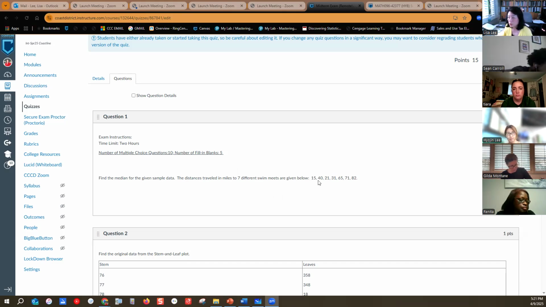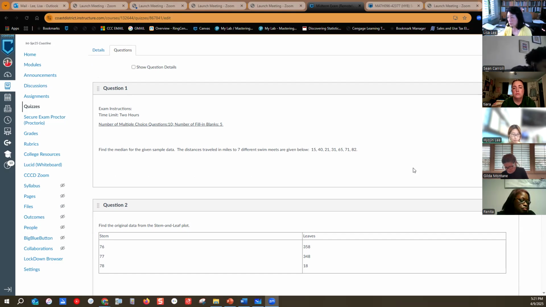So you have to rearrange the order here: 15, then 21, then 31, then the next one is 40, then 65, 71, 82. So actually the median is 40, not 31. I saw some people chose 31, and that shows that the person forgot to rearrange the data in ascending order, right?